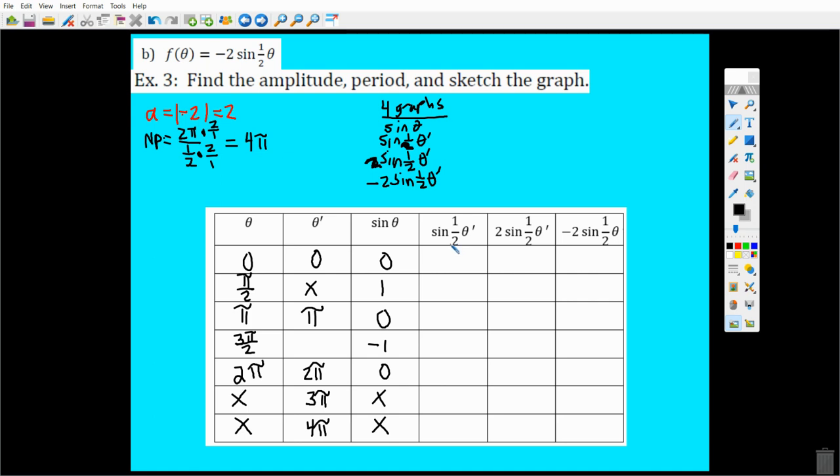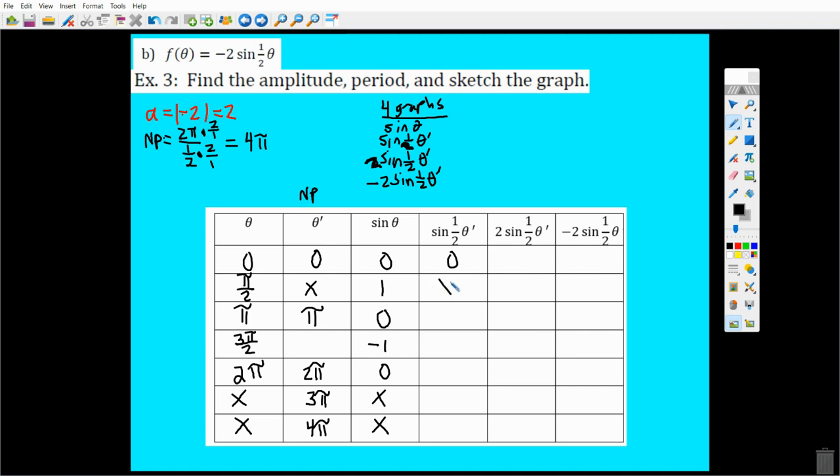Now for this one, we're going to be using the new period, so we're going to be inserting these numbers into it. For sine of 1/2 theta, that means sine of 1/2 of 0, that's going to be 0. Sine of 1/2 of pi over 2 is not relevant, because we want just the main numbers from each quadrant. So we skip over to pi.